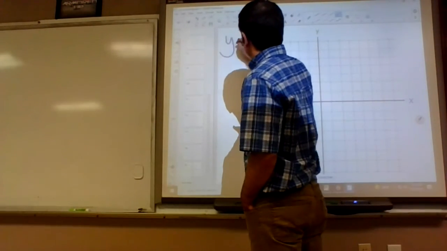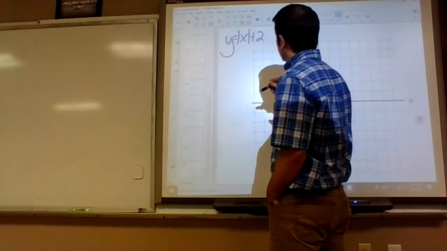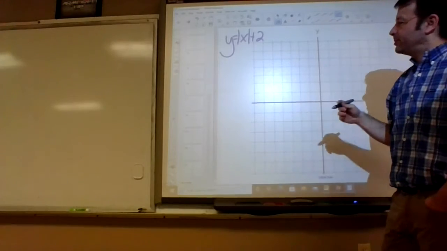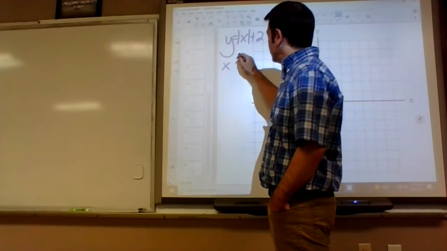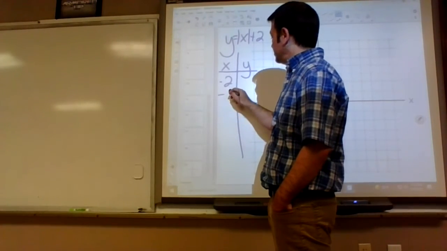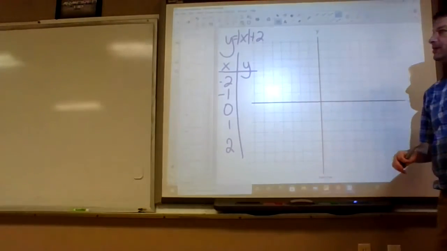Alright, here's how we're gonna do it. We kinda already talked about what this is gonna look like, but I want you guys to put in like 5 x values and find out what y value comes out. So let's put in -2 through 2.